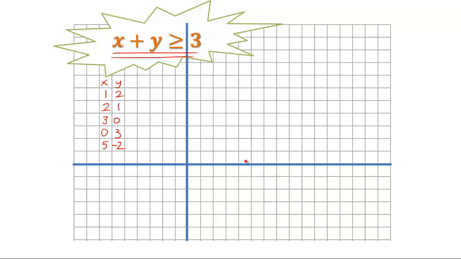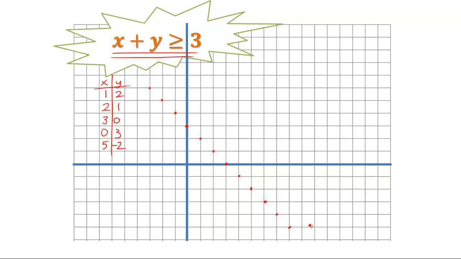So we can plot those points. All of those points work, don't they? So (1, 2), (2, 1), (3, 0), (0, 3), (5, -2). You can imagine all of the points along this line are going to equal 3.